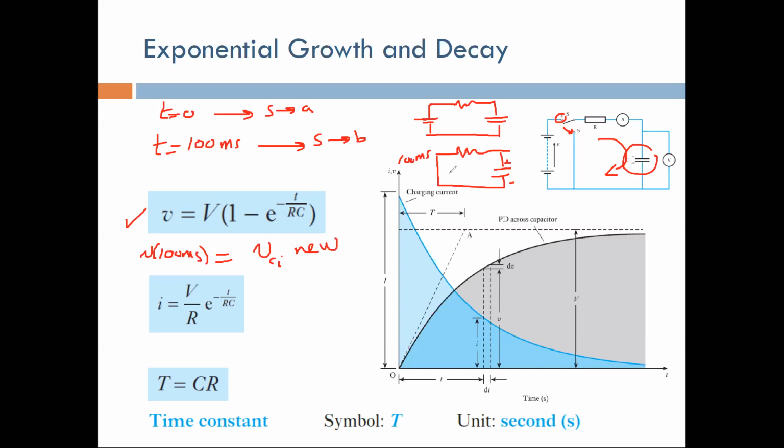Whatever the voltage here is at 100 milliseconds will be the initial voltage of the capacitance, and this voltage will pass the current in the resistance, because you have a closed circuit with the resistance in parallel with the capacitor. So let's go and try to solve that in much more detail, and this will be the end of what we are going to do today.